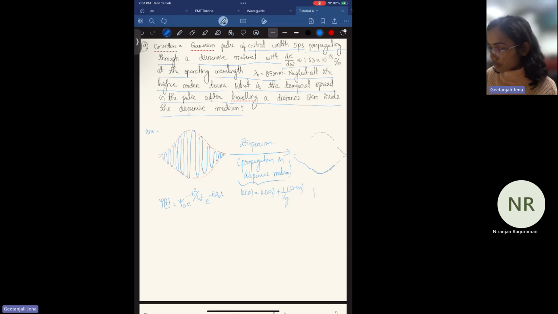So what is psi of z, t now? This is given by psi 0 t 0 over root pi, integral from minus infinity to infinity of e to the power minus (omega minus omega 0) square t 0 square divided by 4, and there is e to the power i (kz minus omega t) d omega.